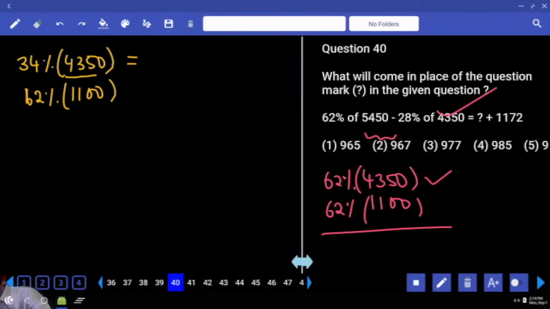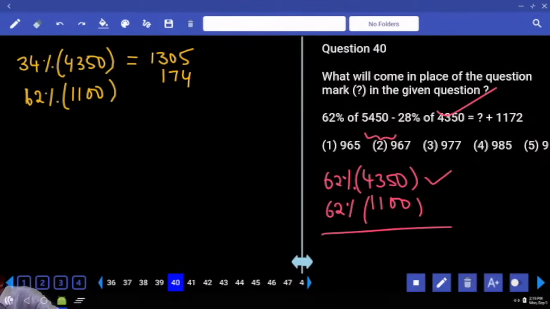What is 10%? 435. 3 times of it. 400 3 times, 35 3 times, 105. 1200 plus 105, 1305. Still 4 more percent we have to add. What is 1%? 43.5. Double, 87 double, 174. 62% of 1100 or 11% of 6200.